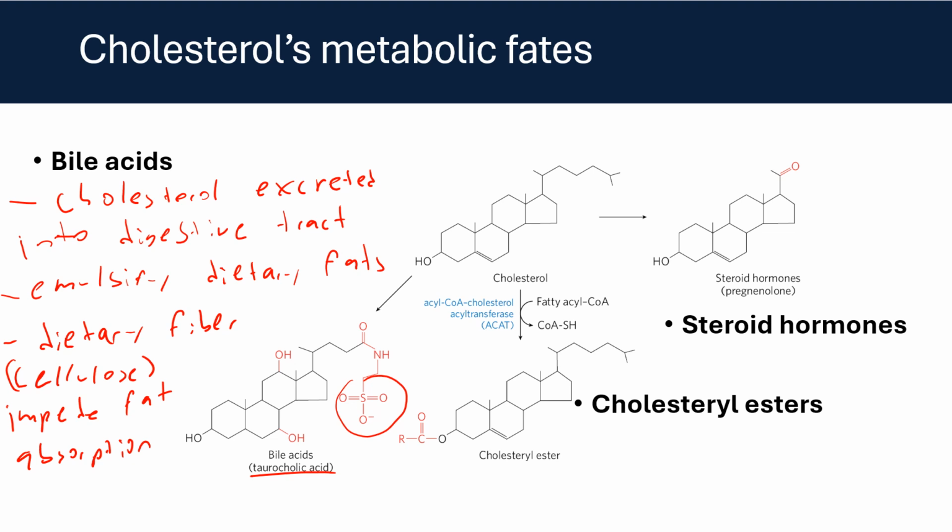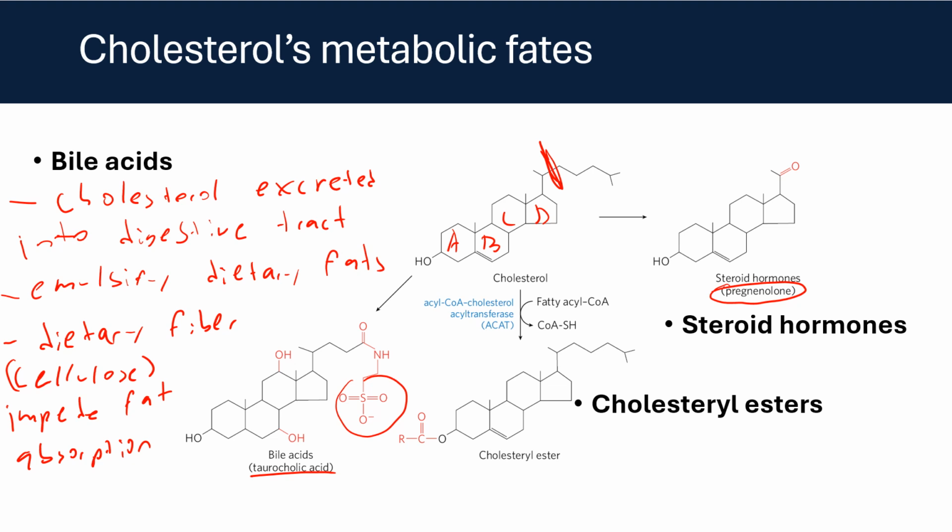Now, bile acids are just one derivative of cholesterol. We also have the steroid hormones. These, I think I mentioned a while back, are all cholesterol derivatives. And more specifically, all steroid hormones come from this particular compound called pregnenolone. And we get this from cholesterol by cleaving off the alkyl tail at the D ring of the steroid nucleus.